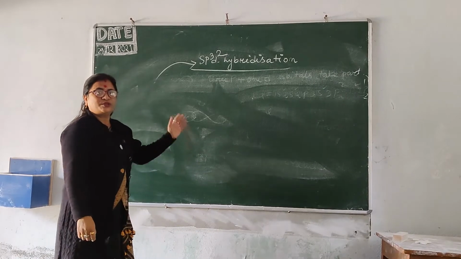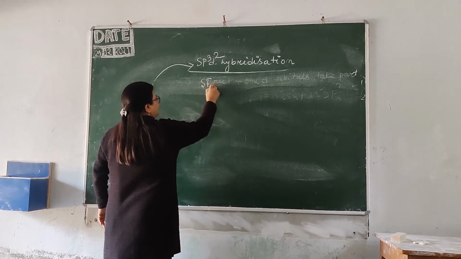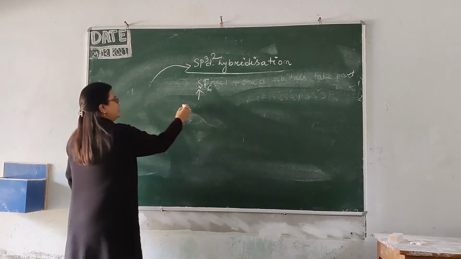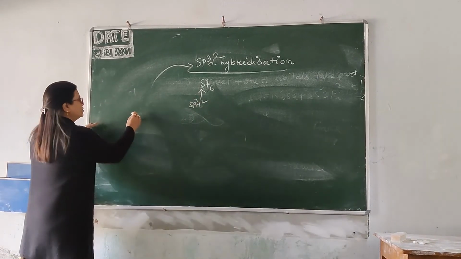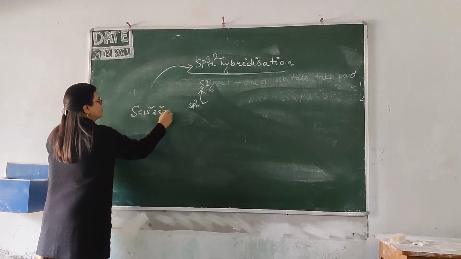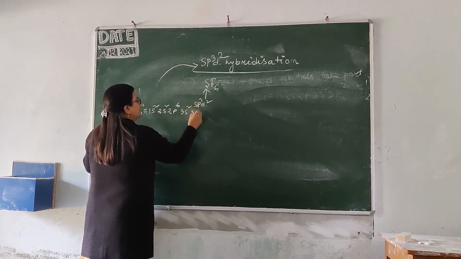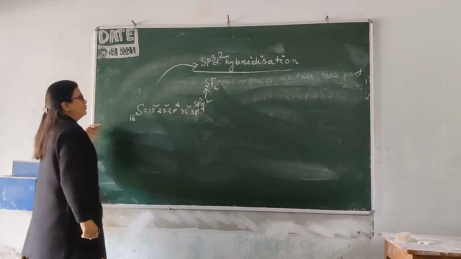To discuss the sp3d2 hybridization, I will take a suitable example, sulfur hexafluoride, SF6. This is the central atom. Here sp3d2 hybridization takes place. As you know, the electronic configuration of sulfur is 1s2, 2s2, 2p6, 3s2, 3p4.